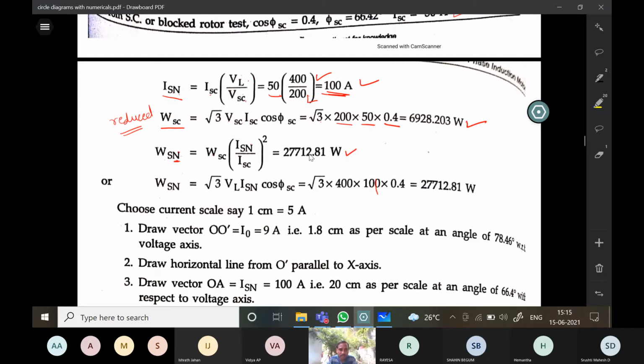It can also be calculated by root 3, with VL instead of VSC and ISN instead of ISC, into cos phi SC. So 400 volt, 100 ampere, and 0.4 gives the same answer, 27712.81.